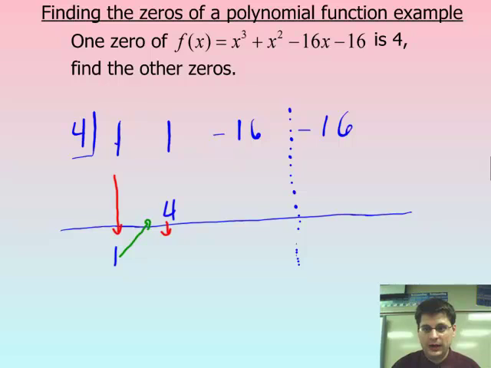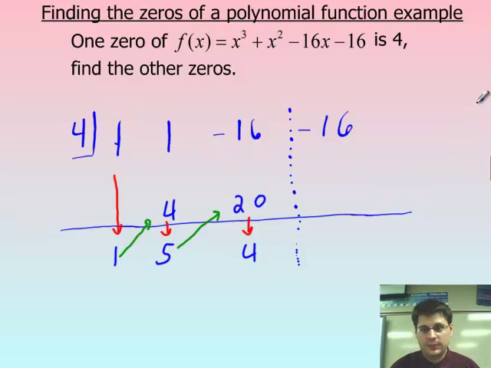So that would go right down there. Then I'm going to multiply 4 with 5, which gives me 20, and then I'll put that right there. And then negative 16 plus 20 is going to give me a positive 4. So that goes right here.